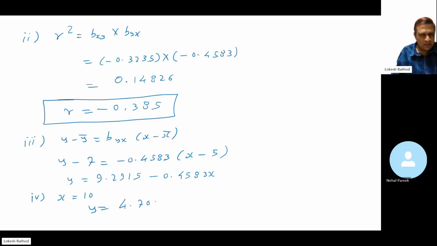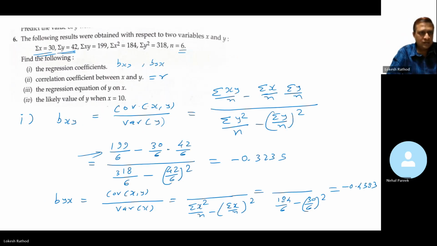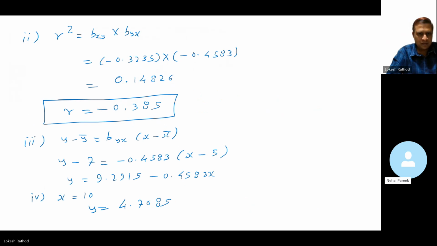I think there should be some mistake. Is the answer matching? Let me check. This is which question? The sixth one. Oh yeah, the answer shows 5.382 in this.